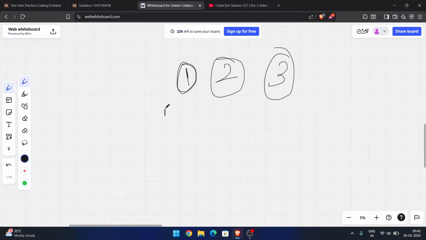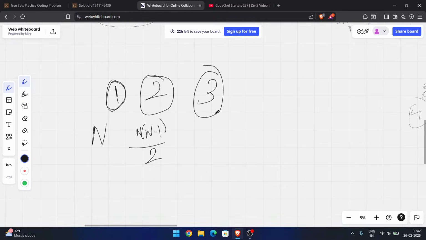So for 1, it was easy. There were n options. For 2, also it was easy. It was n into n minus 1 by 2 options. For greater than or equal to 3, this was the case which was most difficult.